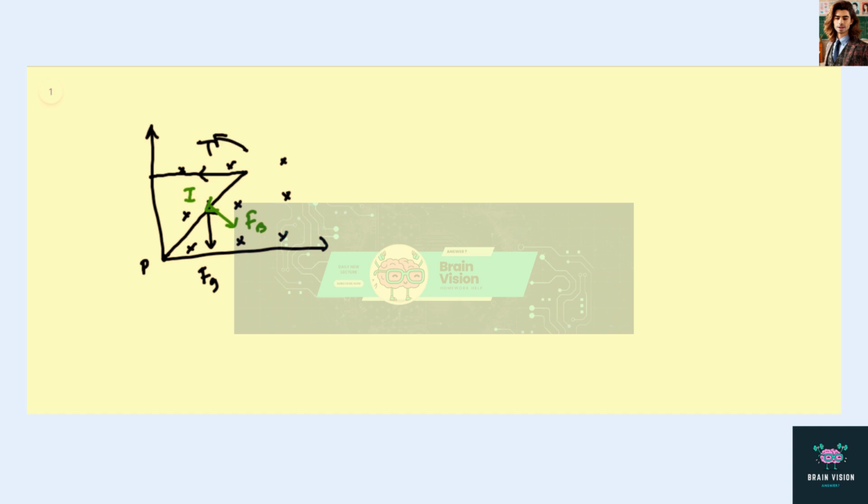Tension would generate a counterclockwise torque. F sub B would generate a clockwise torque, and F sub G, the gravitational force, would generate a torque that is also in the clockwise direction.